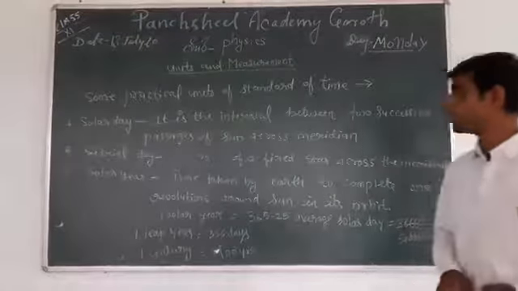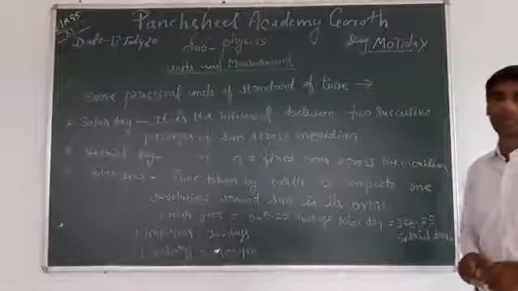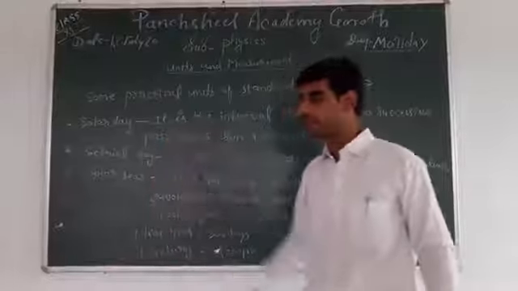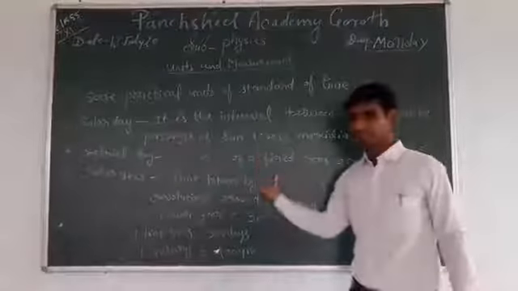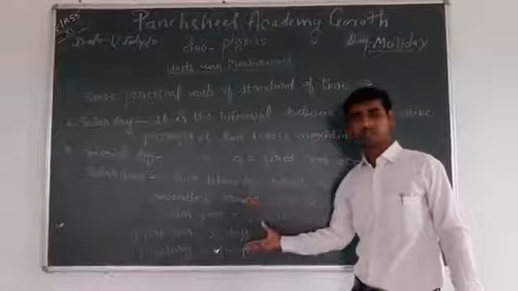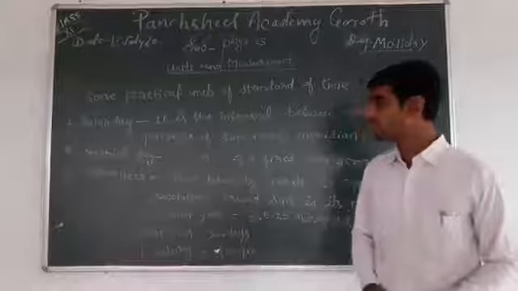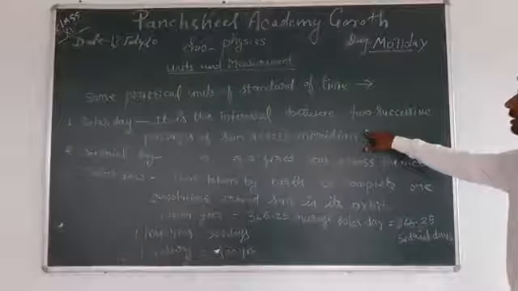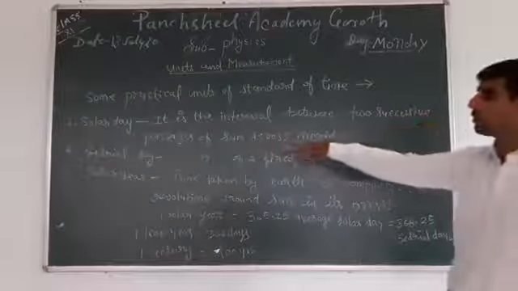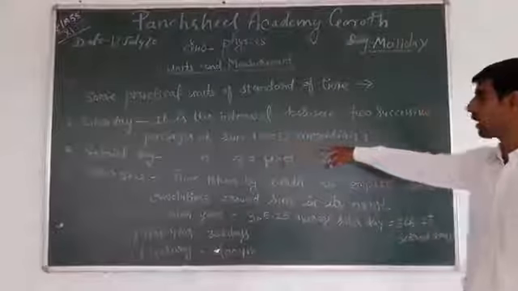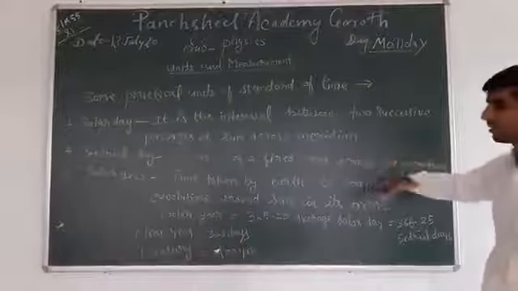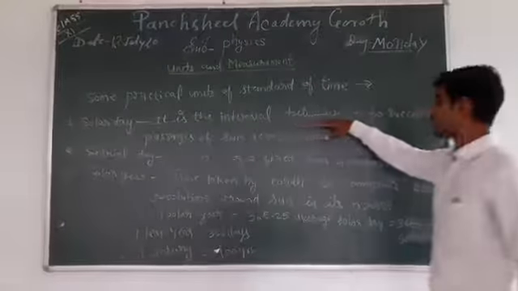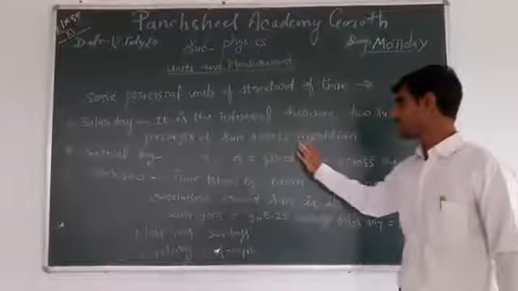Some technical units of standard of time measurement are written here. सब आप याद रख लीजिए, ज़्यादा एग्जाम में नहीं पूछी जाती, बट फॉर योर नॉलेज. Solar day is the interval between two successive passages of the sun across the meridian. Meridian means plane.